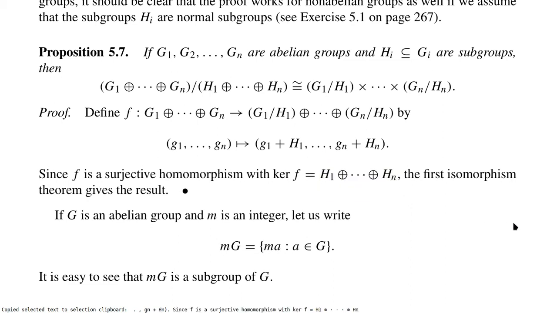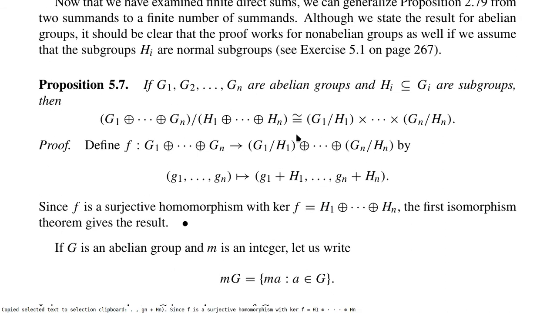So the tuple of all the elements of the subgroups just forms the direct sum of these subgroups, right? And then you apply the first isomorphism theorem, which is that if you have this surjective homomorphism, then you can have the canonical homomorphism, which takes you from this direct sum mod the kernel, right? And the kernel is this.